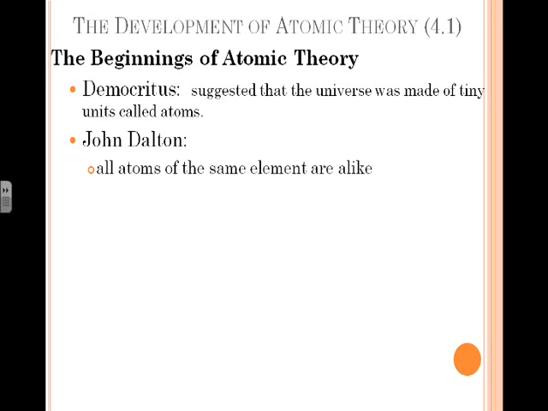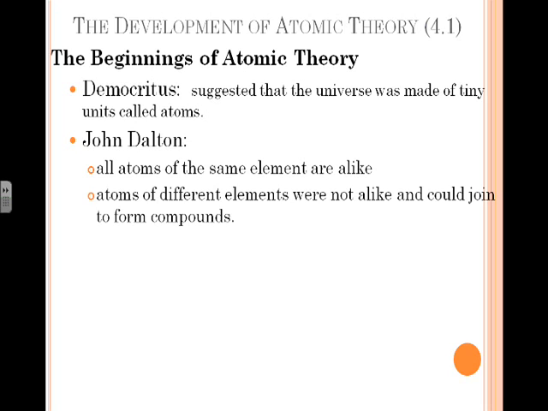John Dalton contributed and told us that all atoms of the same element are alike. So if I have an oxygen element, then all of the atoms that make up that oxygen element are oxygen atoms. He also contributed that atoms of different elements were not alike, but they could join to form compounds.